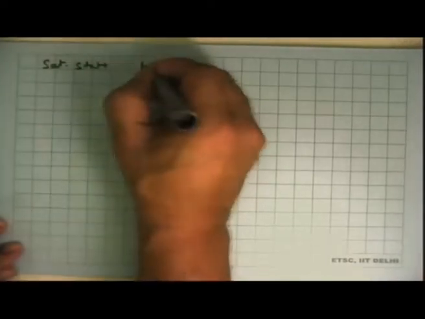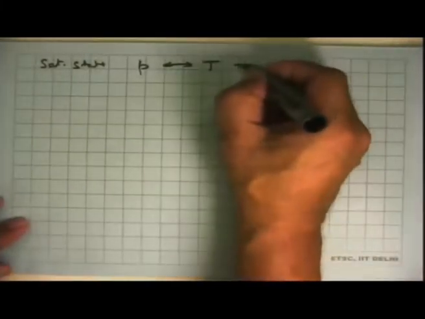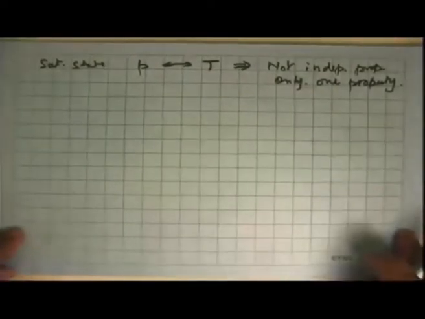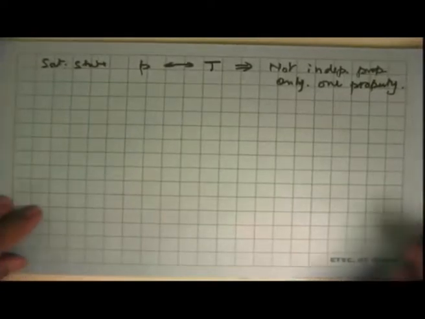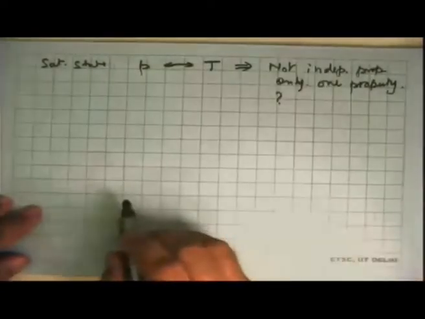Then we said that in the saturated state, pressure has a one-to-one correspondence with temperature and vice versa, which implies that these two are not independent properties, but basically they are only one property. And to completely specify the state, we need some more information.